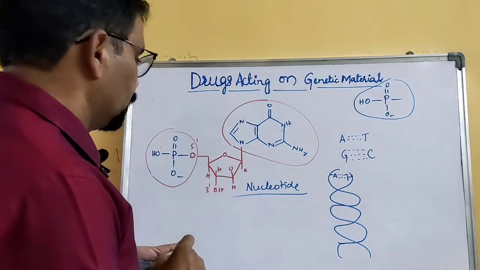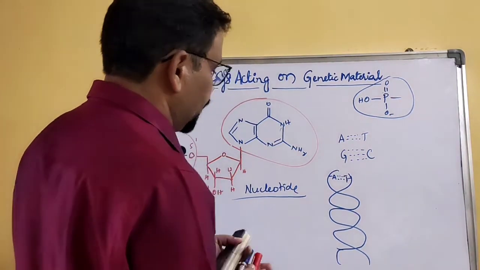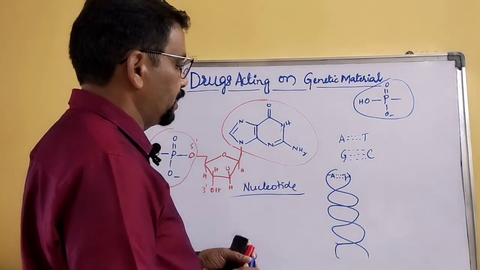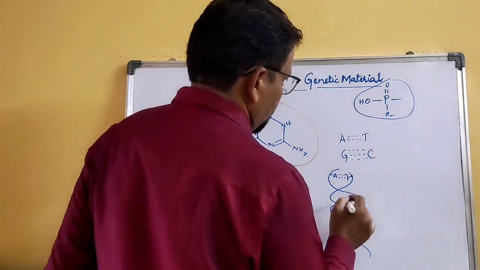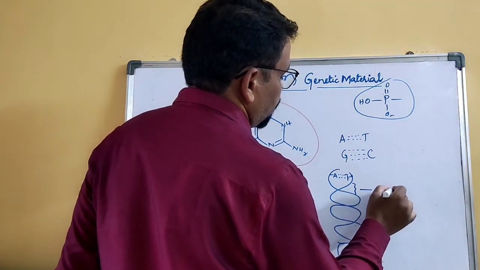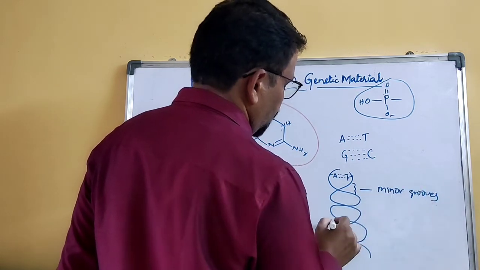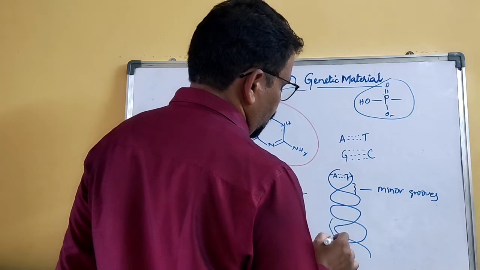In the DNA double helical structure, there are minor grooves, and also major grooves.